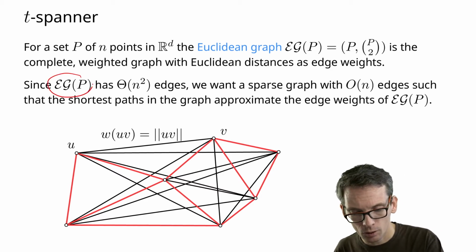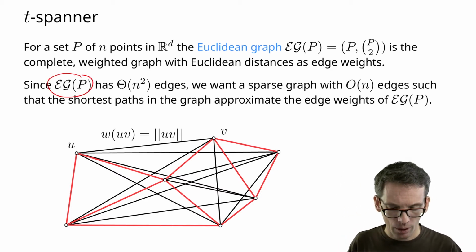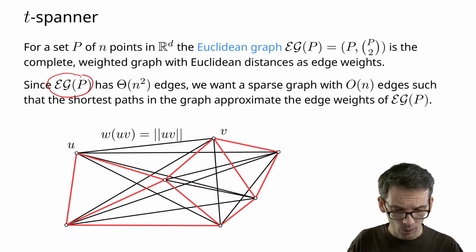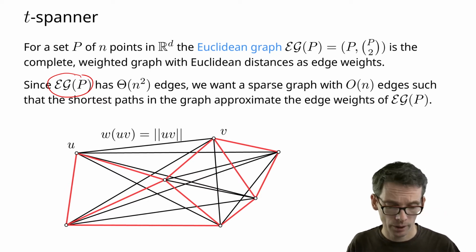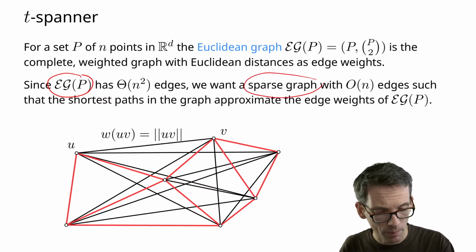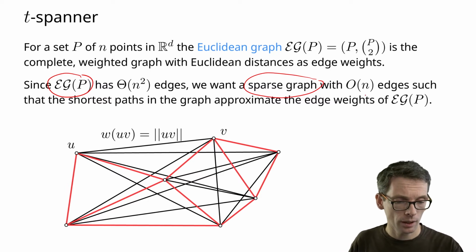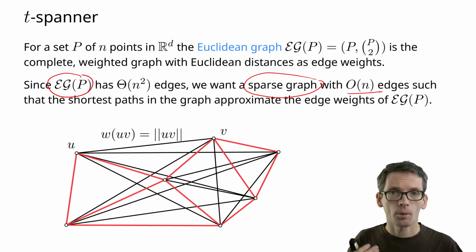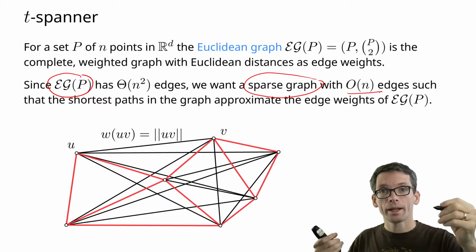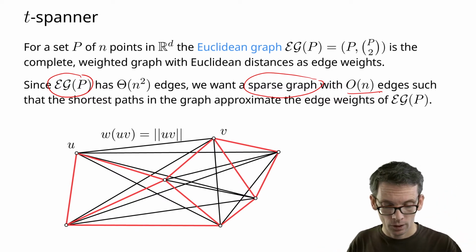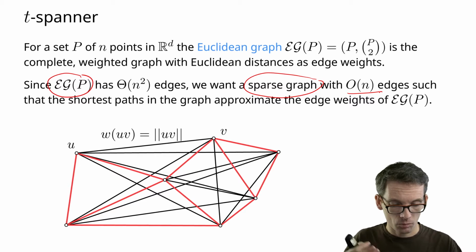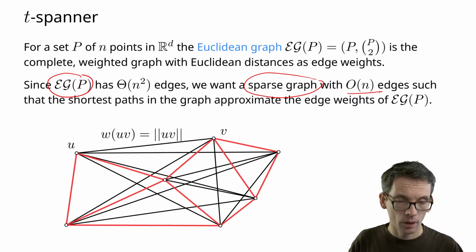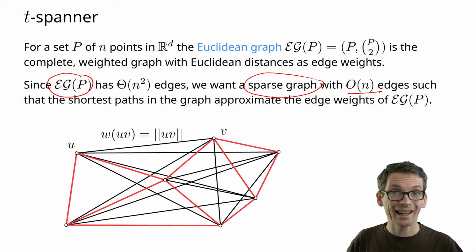We have this complete graph, so the graph in black here, of course also including the red edges, and we would like to have a sparse graph, meaning a linear sized graph, linear in terms of edges, such that the shortest path approximates the weight in the complete graph. And the red graph here, depending on how well you want to approximate, would be an example for that.